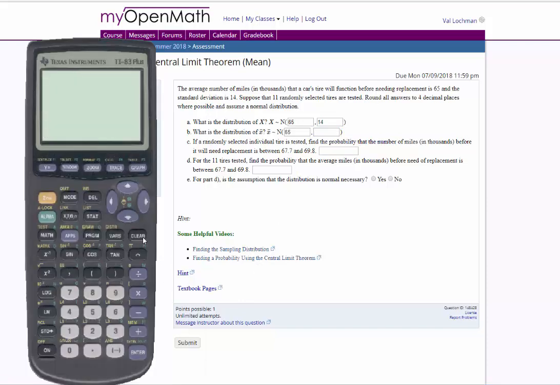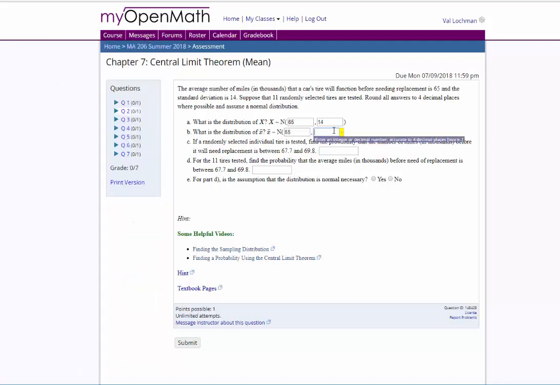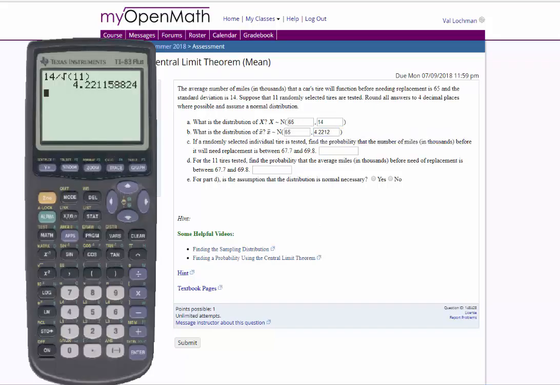That's what we're going to do here. So let's go to 14 and divide by the square root of 11. That's going to be our standard deviation, 4.2212. Let me check. 4.2212. That's good.